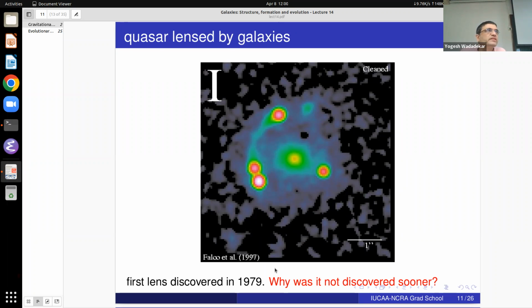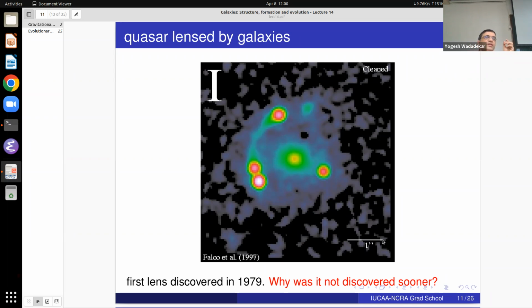Couldn't they have discovered it in 1960? Sensitivity, or is sensitivity a problem? Correct. So can you see the scale here? The scale here is 1 arcsecond. So very, very small.